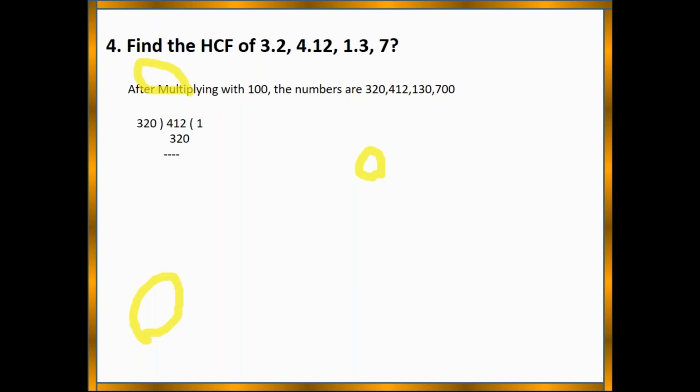This process continues until the remainder is 0. If the remainder is not equal to 0, it acts as a divisor for the previous divisor. So 412 and 320: remainder is not 0, the remainder is 92. So 92 is the divisor for the previous divisor 320. Do it fast, all of you, please understand. 92 threes are 276.